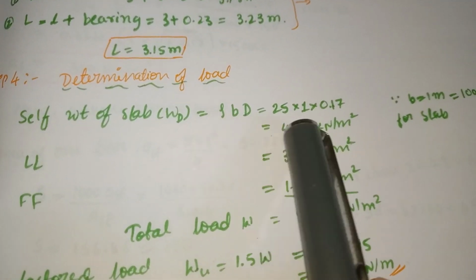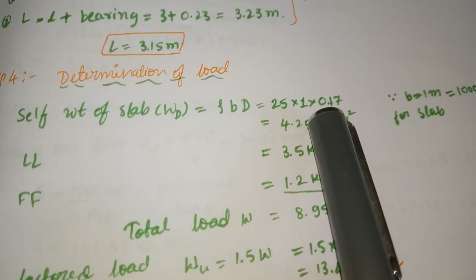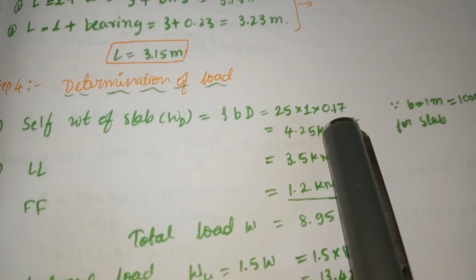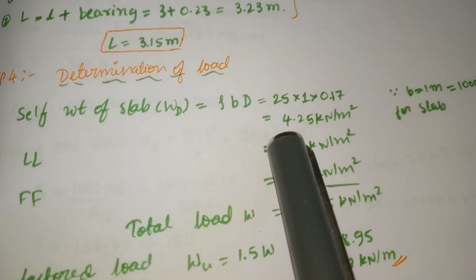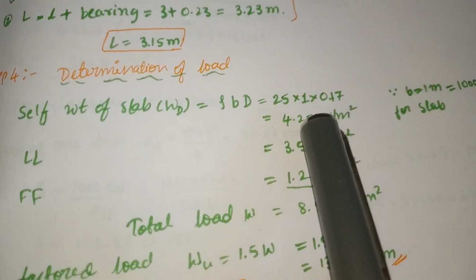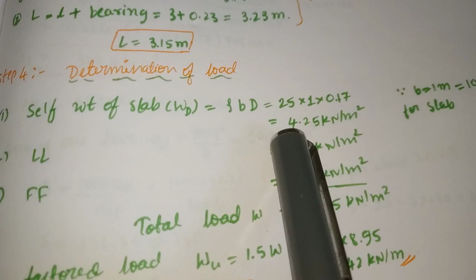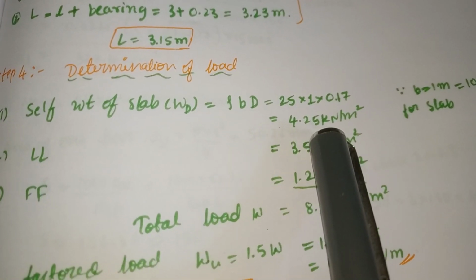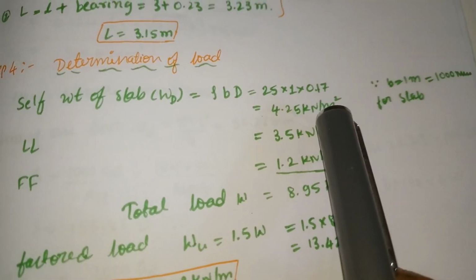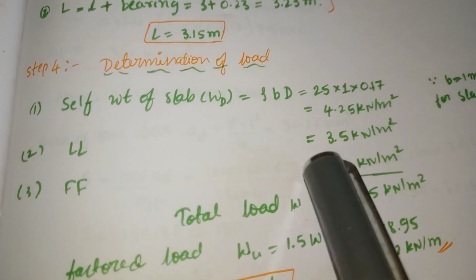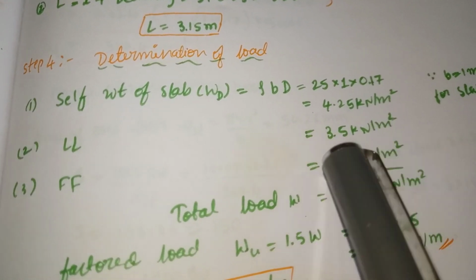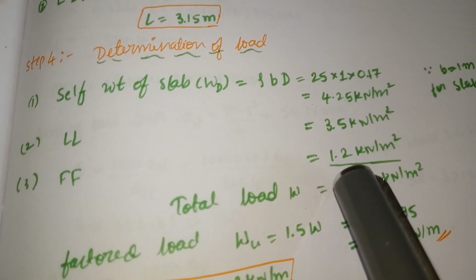D is the overall depth we got, 170 mm, which is nothing but 0.17 meter. After substituting and simplifying we get our dead load value as 4.25 kilonewton per meter square. The live load they have given is 3.5 kilonewton and the floor finishing they have given is 1.2.